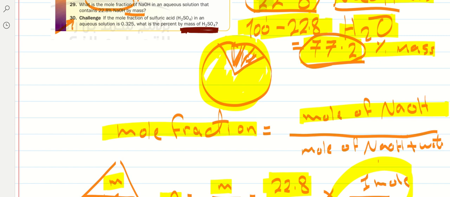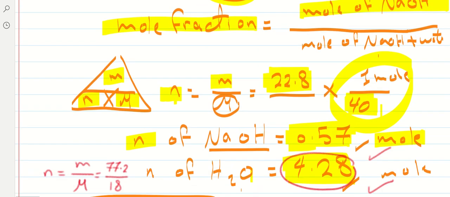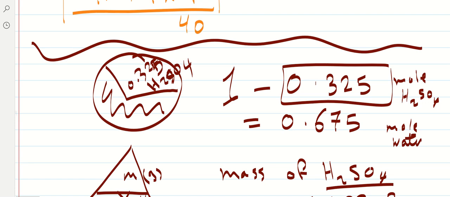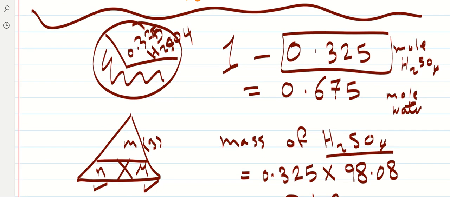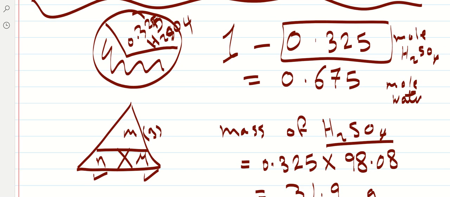Percent by mass. What I know is I have total solution. In this solution, I have water and I have sulfuric acid, H2SO4.